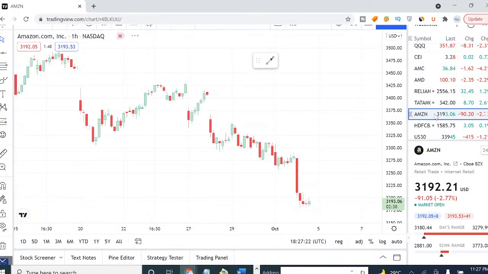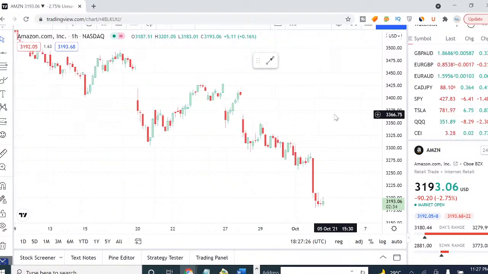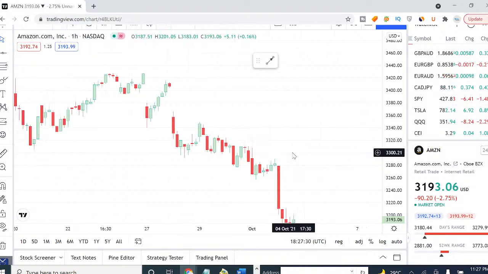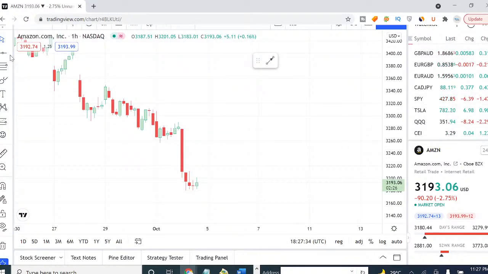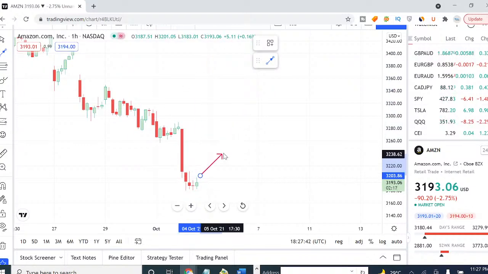Let's see Amazon. So if we look at Amazon, just a second please. Okay, guys, if you look at Amazon, then definitely I can say it's a very good time to buy it. I'm again repeating, it's a good time to buy Amazon from this level.